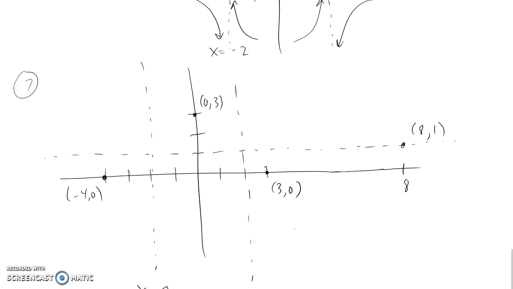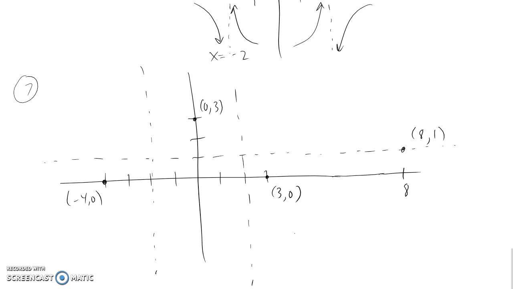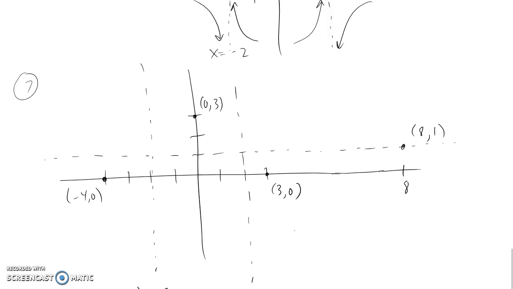Now if we think about what we just figured out as the behavior near our vertical asymptotes, we're going to say, I know that the function goes through (-4, 0), and then it approaches negative infinity, so it's going to go down like that. I also know that y = 1 right here is the horizontal asymptote, so the function needs to approach that horizontal asymptote as x goes to negative infinity.